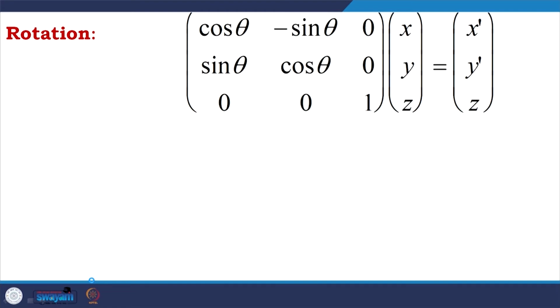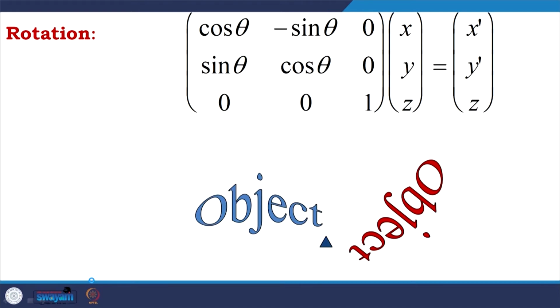Coming to rotation, here in rotation we definitely have angles. So, x, y, z, there is change according to the x and y axis. So, this is a representation of rotation.